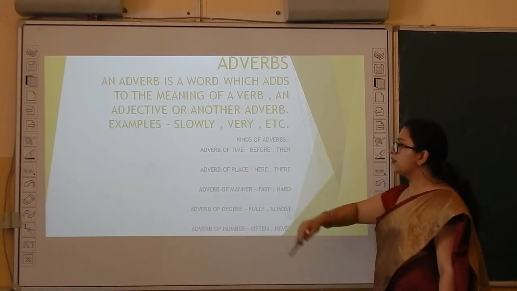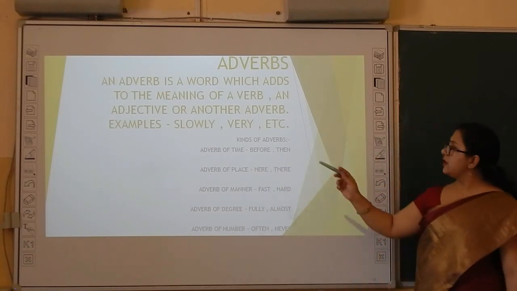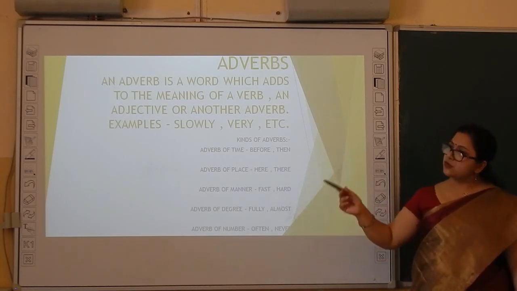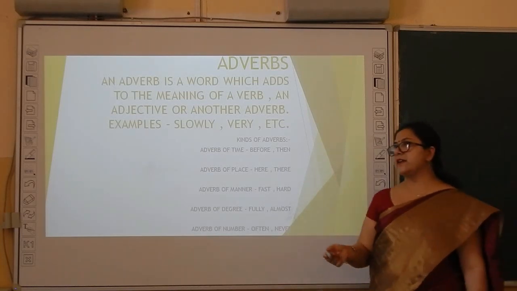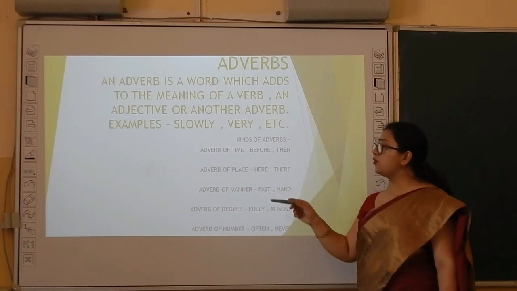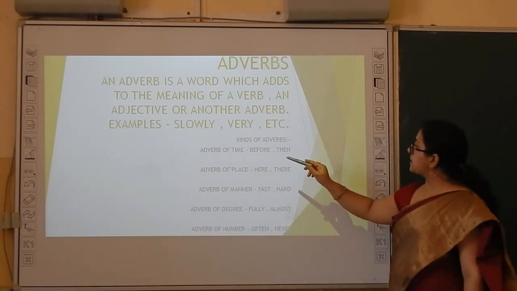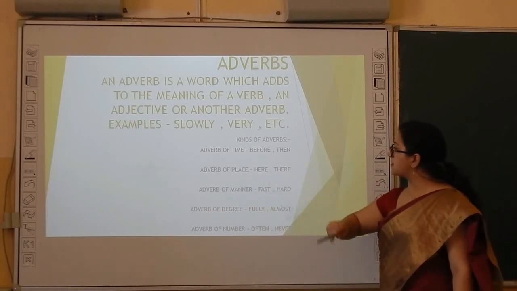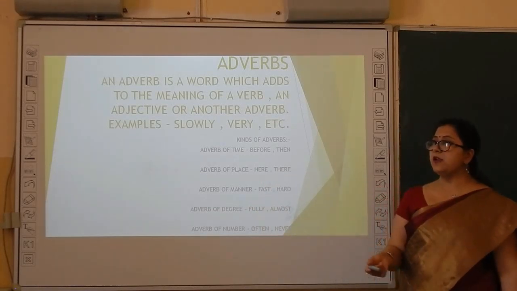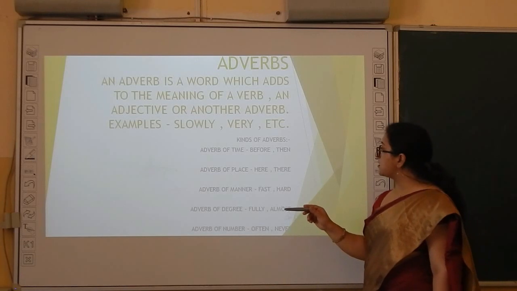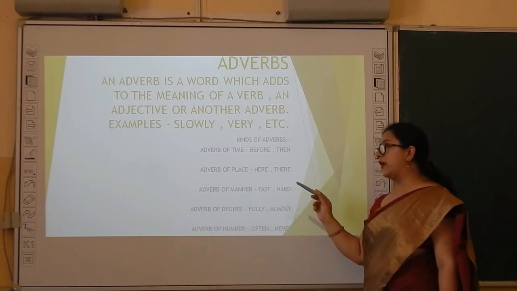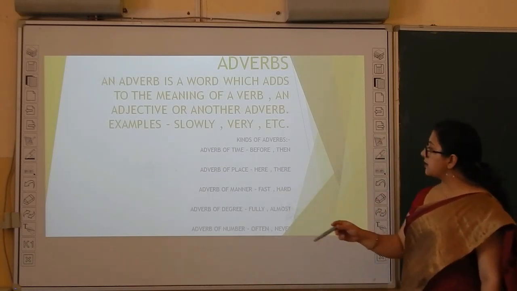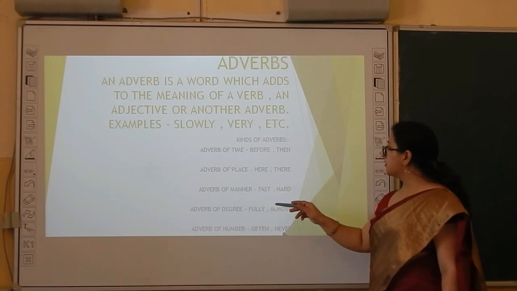Adverb of time. Very simple to understand because time is already written there. So one can easily understand that these adverbs are related to time. Examples are before, then. Next comes adverb of place. This is again very simple. It is related to place: here, there, where, etc. The next is adverb of manner.